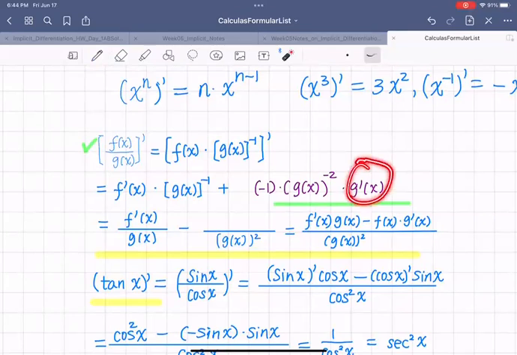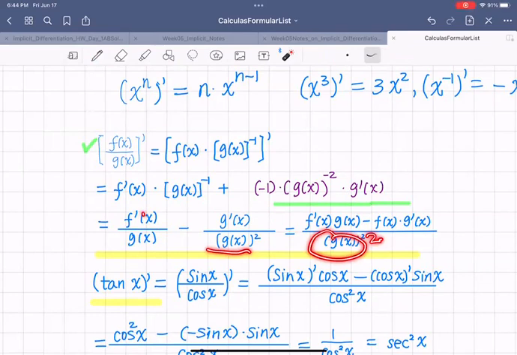Negative 1 times g prime of x, right there. Yes? So far, so good. This is the guy you copy down here, and this is the guy you put here, and you minus, you write down this. So far, so good. And then this guy and this guy, you want the same denominator, so you change to this guy squared. So far, so good.